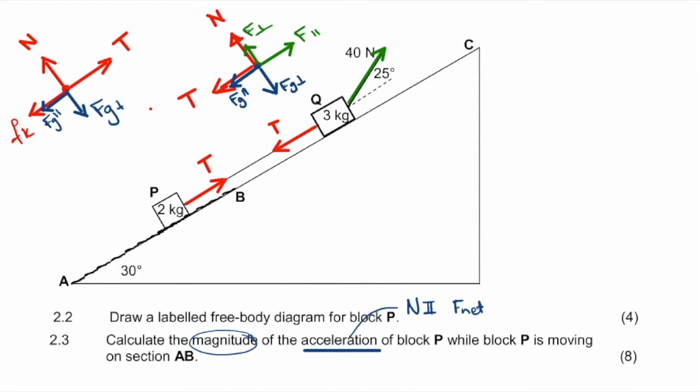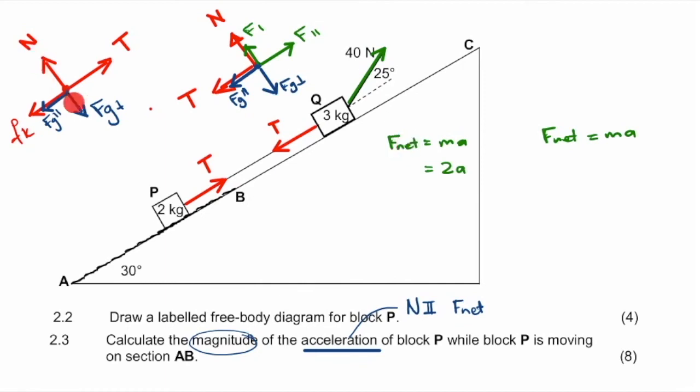Right, so now we're going to do Newton's second law and apply it to every object separately. So it's going to be F net equal to m times a for P, and also F net equals m times a for Q. So let's look at P first. P is a 2 kilogram object, and we need the acceleration, so that's an unknown. Now we look at the net force.